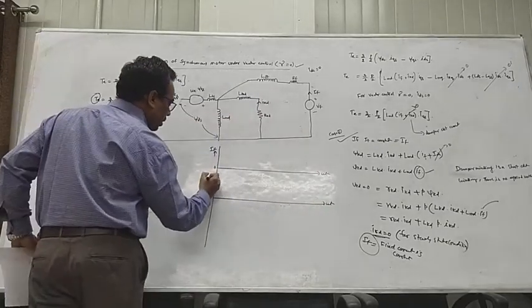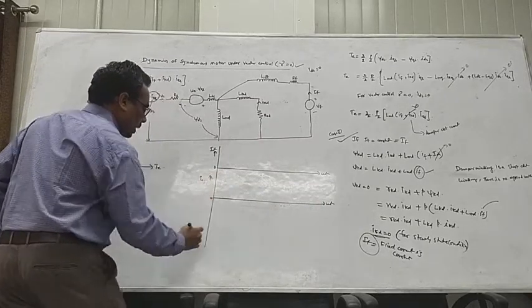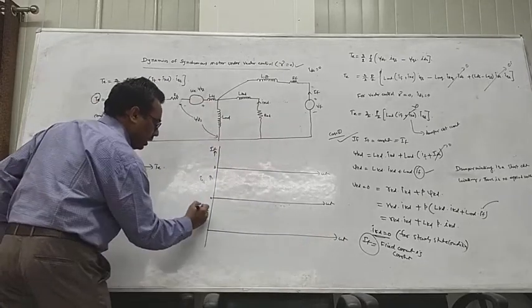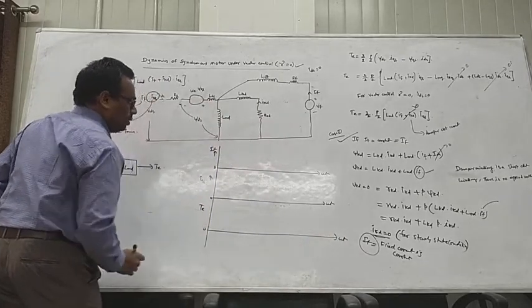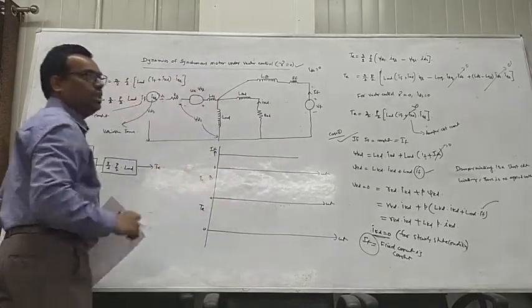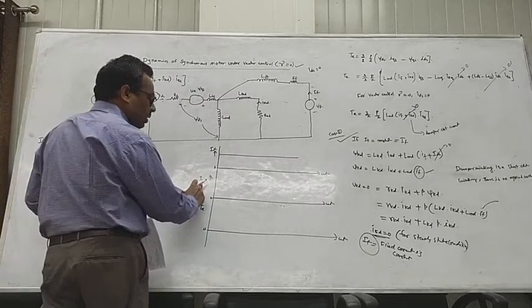IQS is variable, and this is the electromagnetic torque TE. You are not changing any field current here, only IQS.